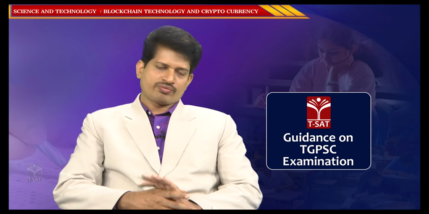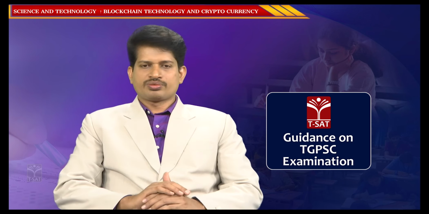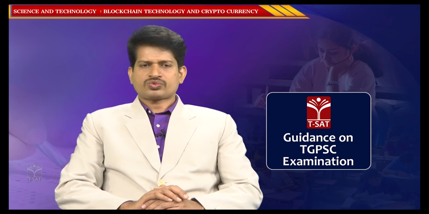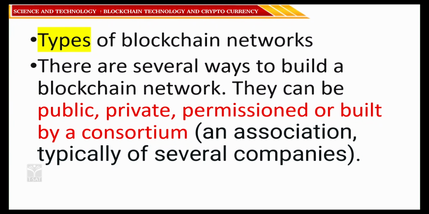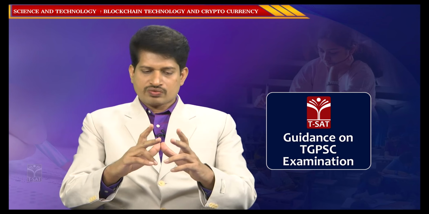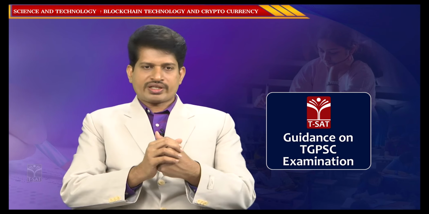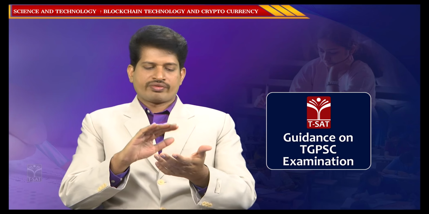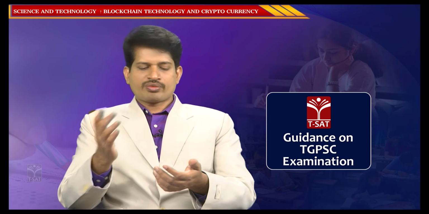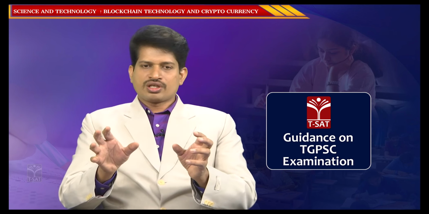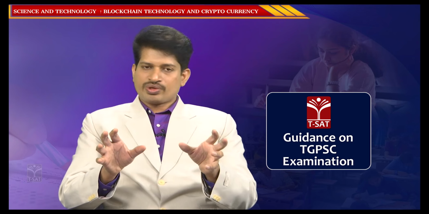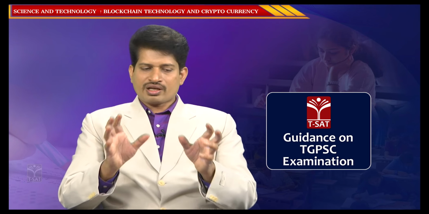Then permissioned. Sometimes it becomes necessary for software engineers to get into the cloud. So permission needs to be given if they are not a member. And consortium means a block or a cloud into which you can enter with the consensus of all the members. For example, you can transact money from your bank account to another bank account, from SBI to HDFC, let us assume. So the data of HDFC and the data of SBI, the customers' ledger data, need to be maintained in a single cloud.